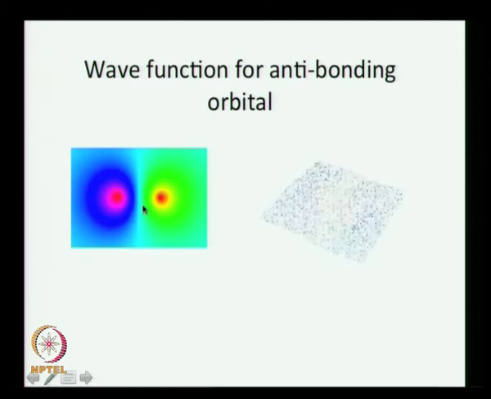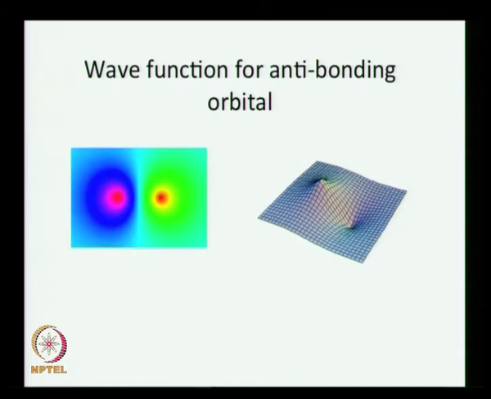I have one more picture showing this. This will correspond to the position of the first nucleus, while somewhere here will be the position of the second nucleus, and somewhere in the middle is your node, and therefore you can see that the wave function has negligible value at that point, which will become clearer when I look at the electron density.